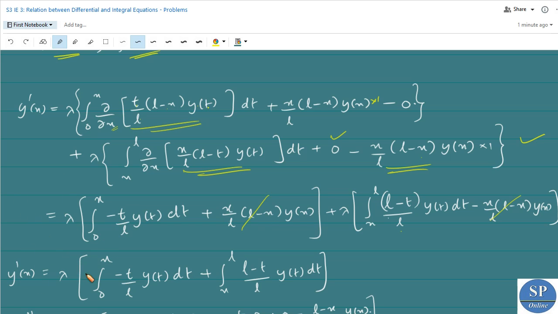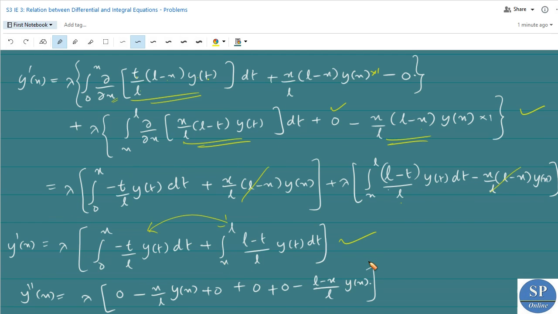That means y'(x) equals λ times the integral from 0 to x of (−t/L) y(t) dt plus the integral from x to L of ((L − t)/L) y(t) dt. So this is y'(x). Now there is an integral sign, so we can differentiate again. Differentiating with respect to x, y''(x) equals λ times ∂/∂x of this.